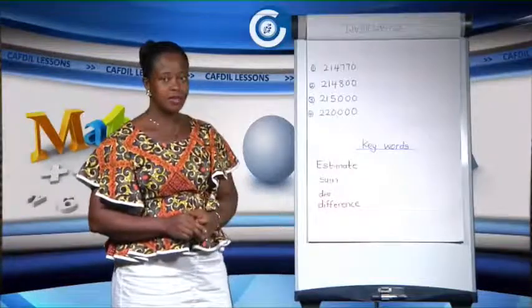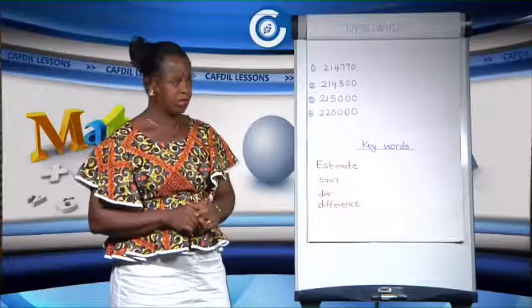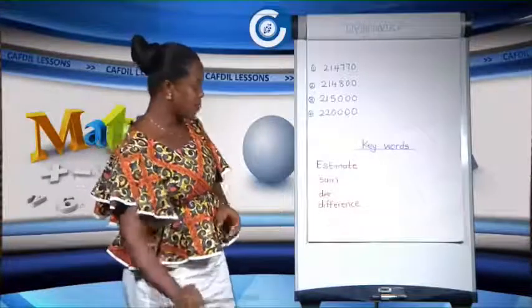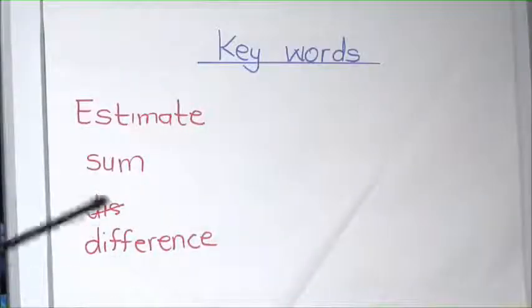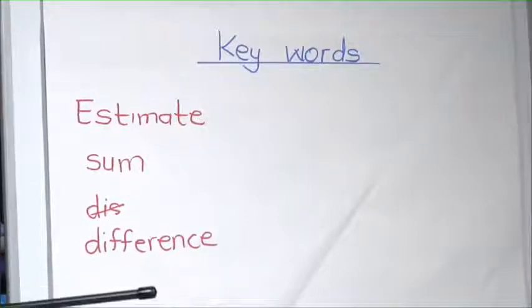Just a rough guess of something. Good. What about sum? An answer of addition problem. And also the difference is an answer of subtraction problem. You'll be meeting this as we move on.